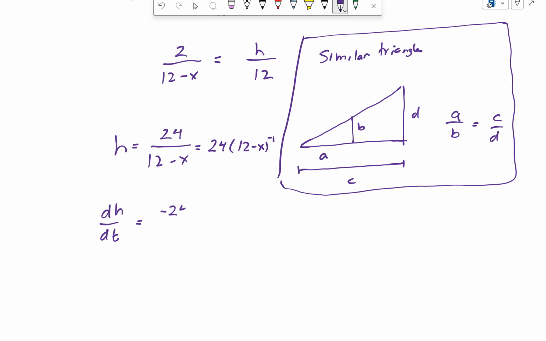So this will become minus 24 over 12 minus x squared, because we subtract 1 from the power, and then I have the derivative inside, which is minus 1, and then I need a dx dt because I'm differentiating with respect to t.